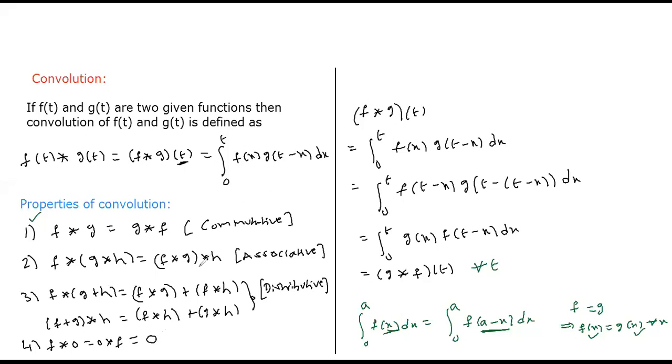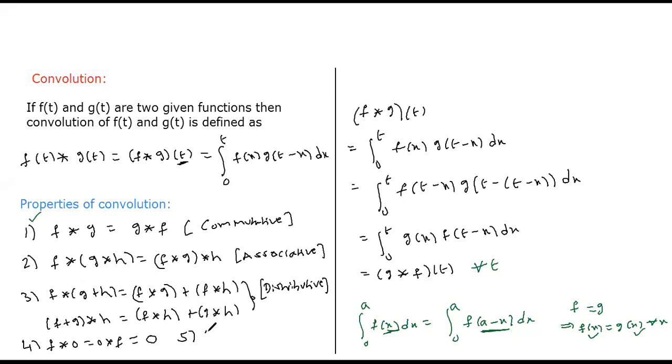Now, these are all similar to multiplication: a into b equals b into a, a into b plus c equals ab plus ac, a into 0 equals 0, like that.